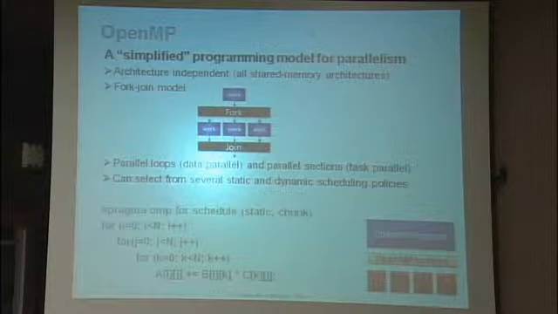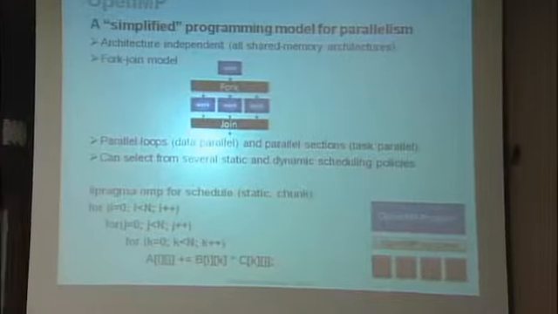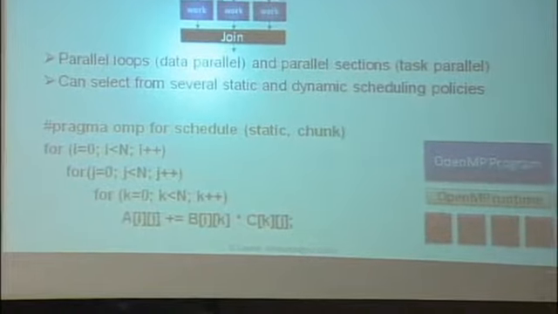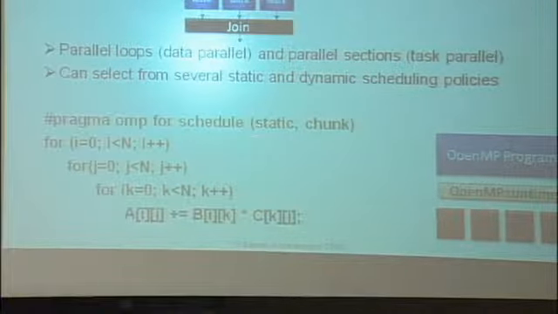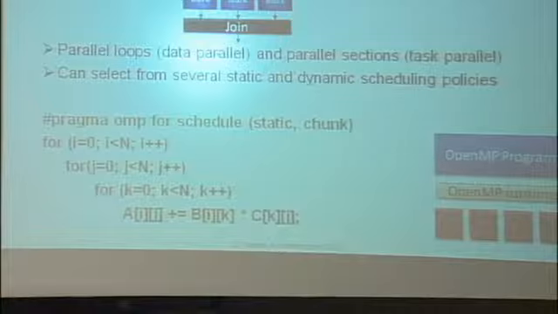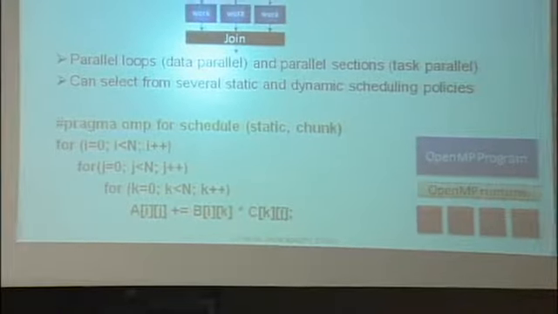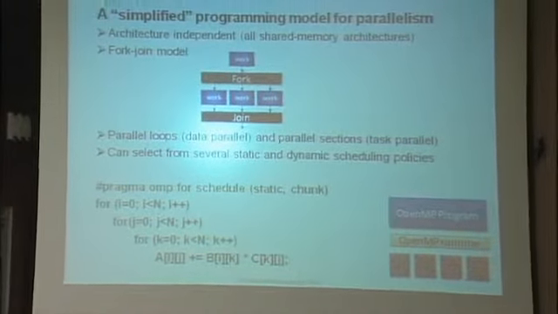For example, in OpenMP you can add a pragma in front of a loop and say this is an OpenMP parallel for loop, and schedule it using static chunk. I will tell you what exactly that means. That gives you direct access to where and how each of these parts would be run.